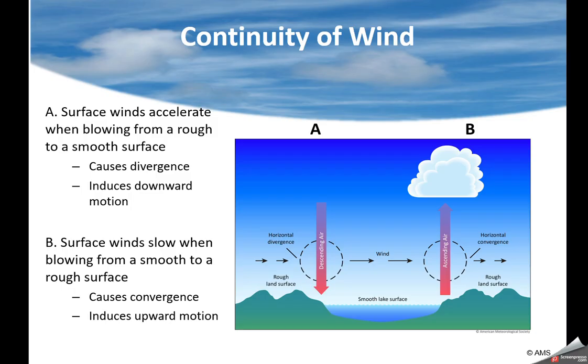So if I have a sea breeze during the daytime moving from the lake or the ocean towards the land, that air is going to be moving faster than when it reaches the land. As that air approaches the land, it's going to slow. When that happens, you have convergence, which causes the air to rise. That's why you see the clouds and some thunderstorms all along the sea breeze front, because of that slowing motion. It's also why you have lake effect in the wintertime.